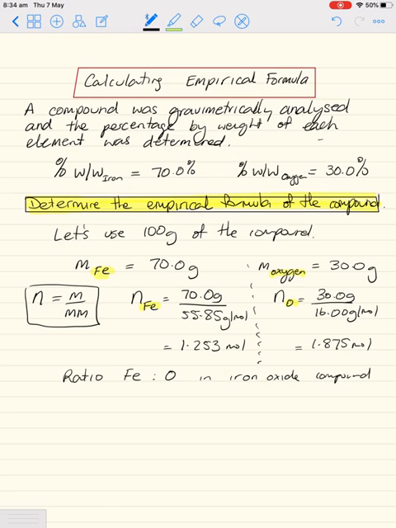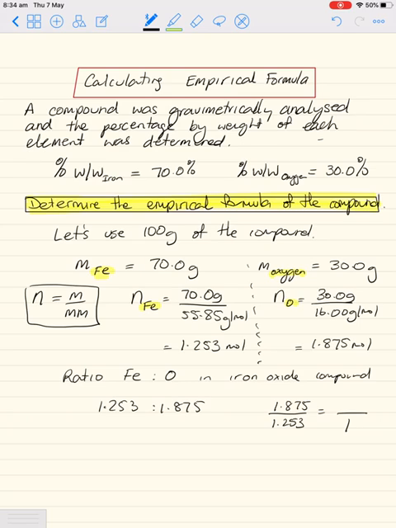We're going to put these numbers together and we've got to work out the ratio of that in whole numbers. So I'm going to take the bigger number, 1.875, and divide it by the smaller number and try and get a ratio that is to 1.